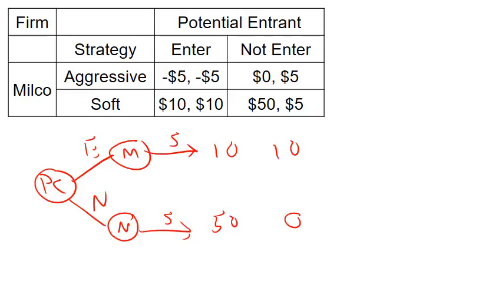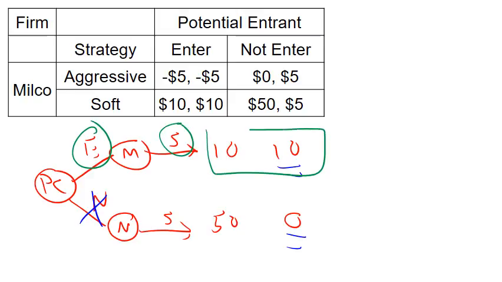Well, now potential entrant moves. It's got a choice between $10 and $0. Well, 0 is worse than 10, so we can eliminate that branch. What we're left with is the equilibrium path: for potential entrant to choose enter, and then for Milko to choose soft. And the payoffs to both players would be $10 given that equilibrium path.